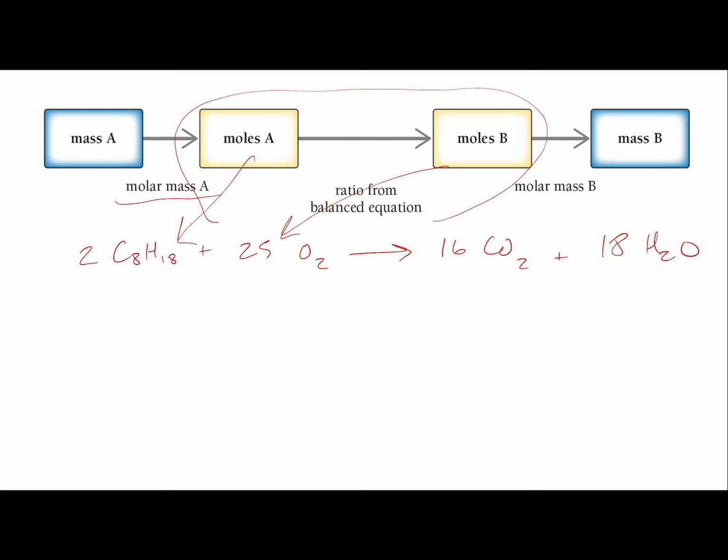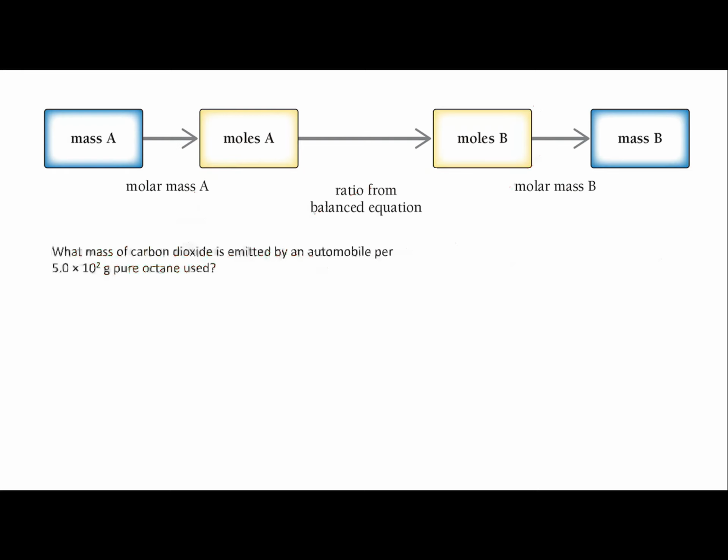So for example, let's say, what mass of carbon dioxide is actually emitted by an automobile for every 5.0 x 10^2 grams of pure octane used? Okay, so for that, we're basically saying that we have 500 grams of octane.